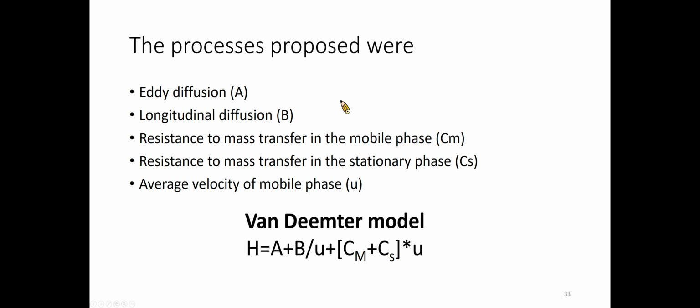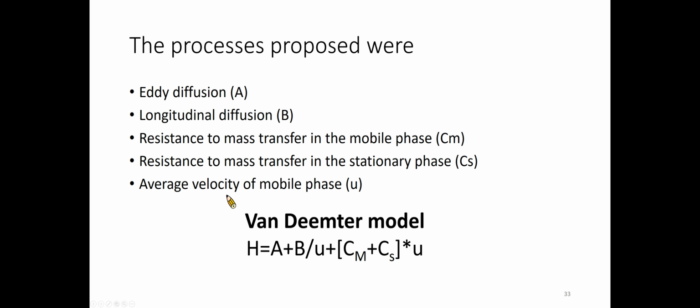If we consider the various mechanisms which contribute to band broadening, we arrive at the Van Deemter equation for plate height. A represents the eddy diffusion, B represents longitudinal diffusion, and C represents the resistance to mass transfer.